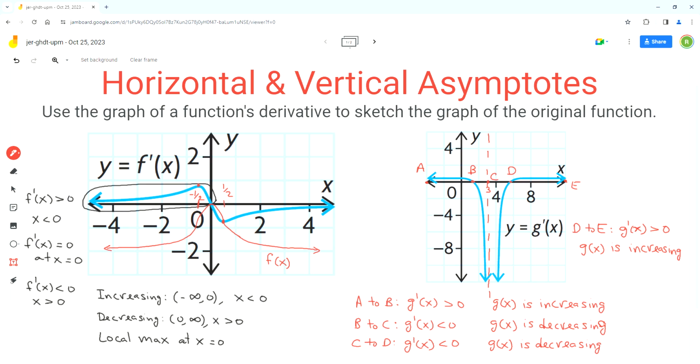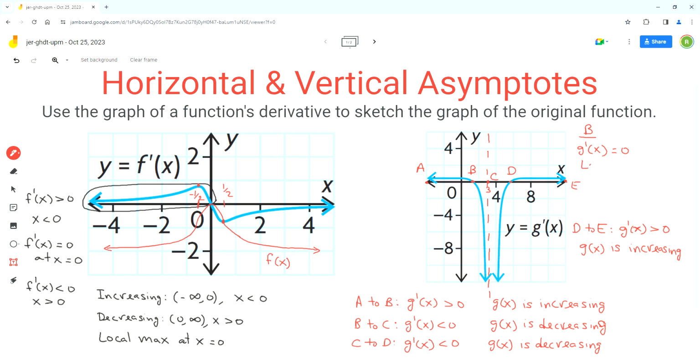Now we have to analyze points B and D. Now at point B, the function changes from increasing to decreasing. And at point B, prime of g at x is equal to 0. So let's analyze point B. Prime of g at x is equal to 0, and the function changes from increasing to decreasing.